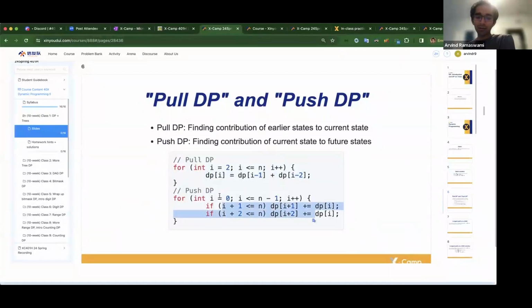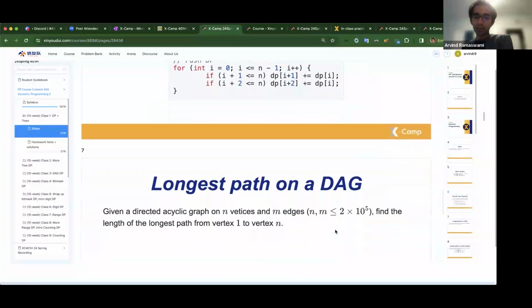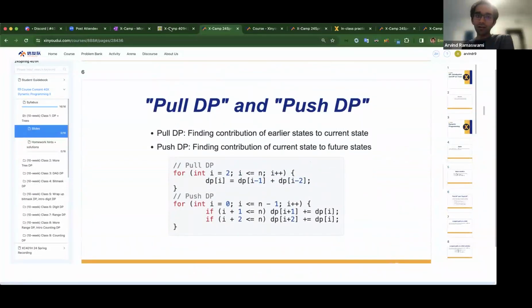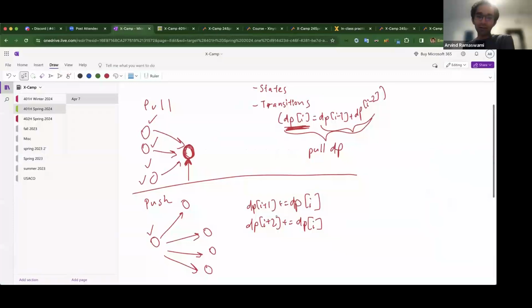And then push DP: of course, you also set the base cases somewhere else, but you have these transitions where the current state contributes to a later state, like these two lines here.